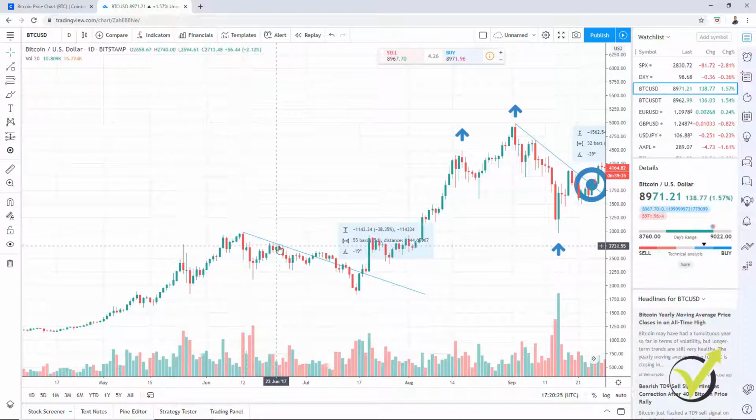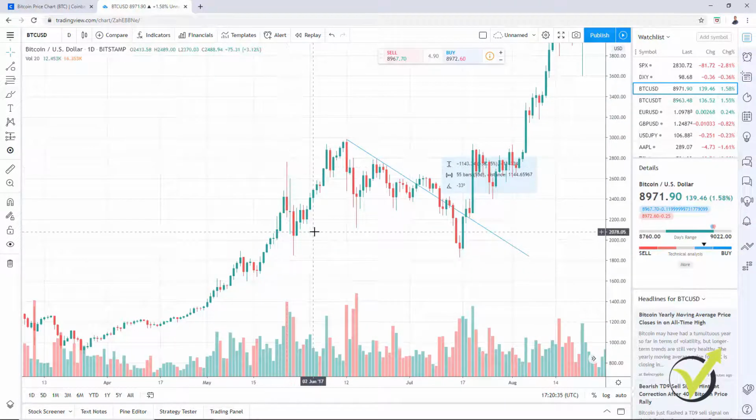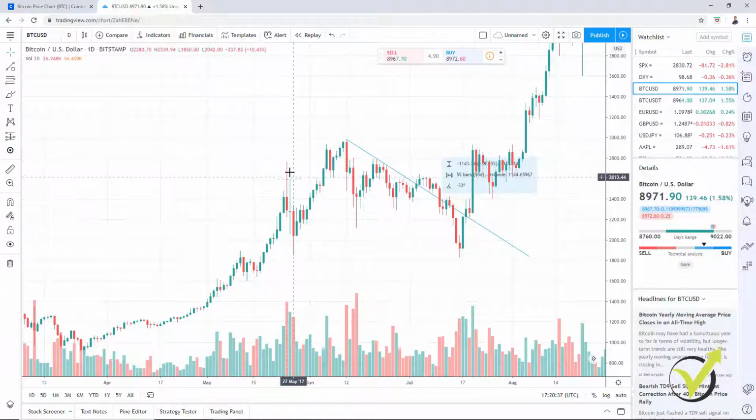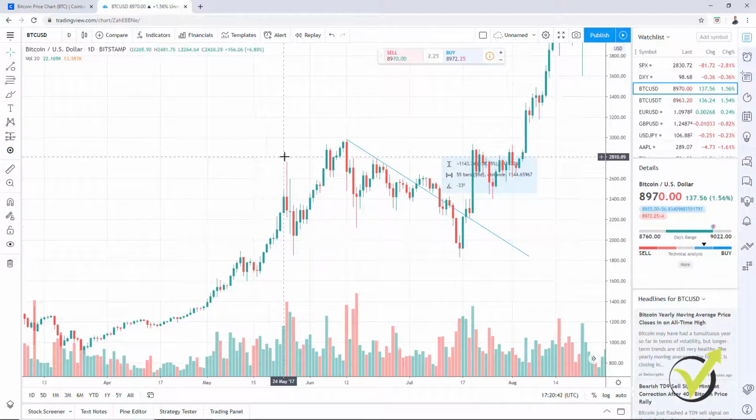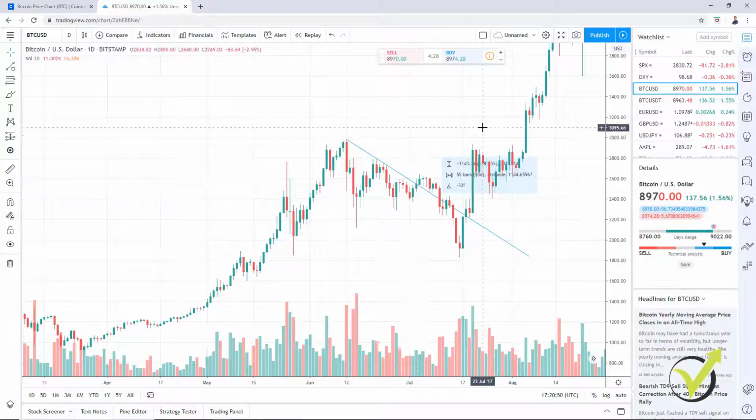So a high, a lower high, and then the price breaks over here. And for example, here you can see that I cannot draw such a line because I don't have a lower high. The price just went up, it went down, and it went up again. But here what it does, it goes down, up, down, up, down, up, down, and up.